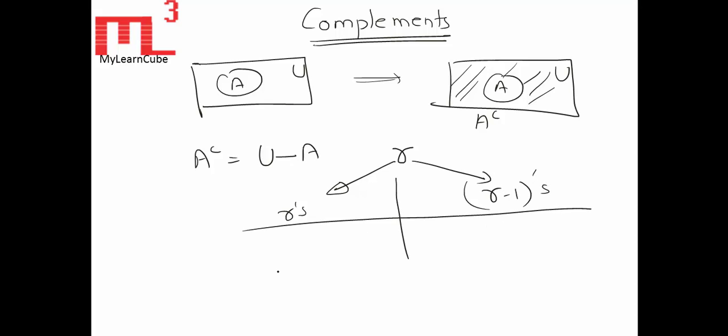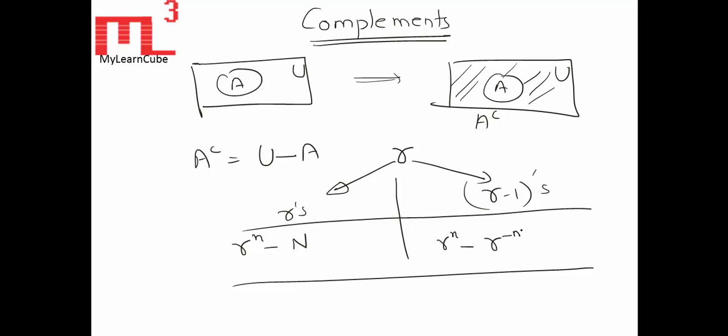For the sake of writing the formulas, I am writing them, though I will use some tricks or direct methods to solve these complements. For R's complement, the formula is R to the power n minus capital N, and for R minus 1's complement the formula is R to the power n minus R to the power minus m minus capital N, where capital N is the number, suppose 123 base 10, for which you want to compute the complement.